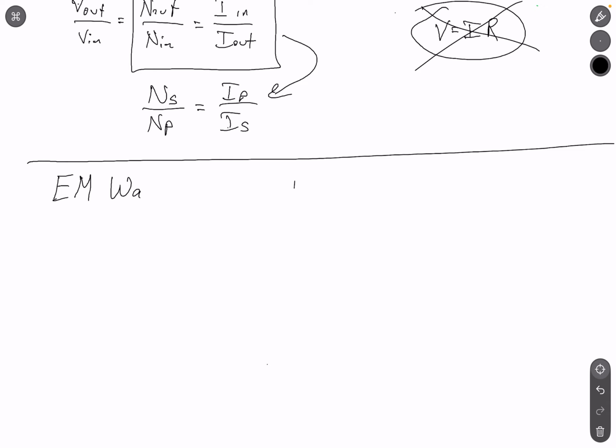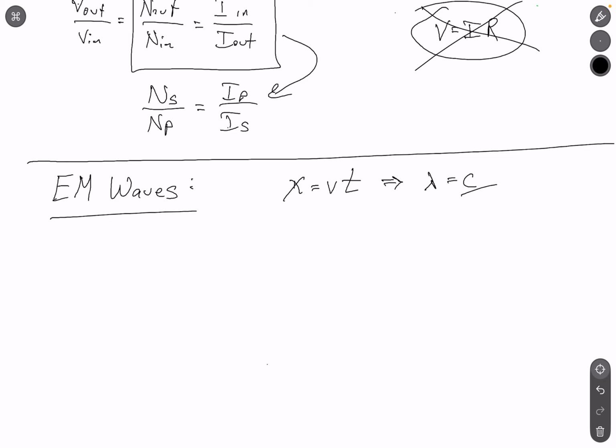Electromagnetic waves. X equals VT. So that gives us lambda, that's our distance, the wavelength, is equal to C, and our time is 1 over the frequency.